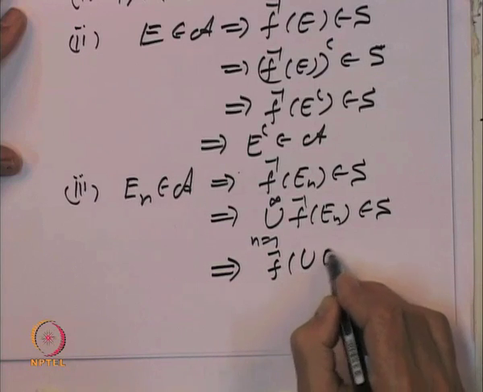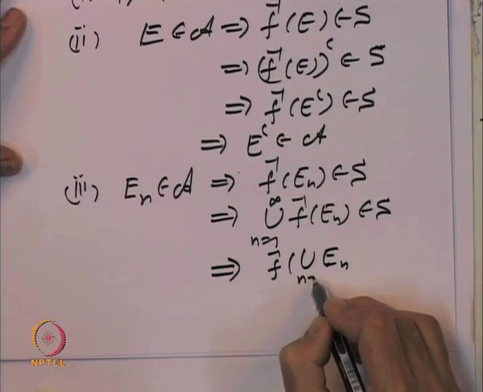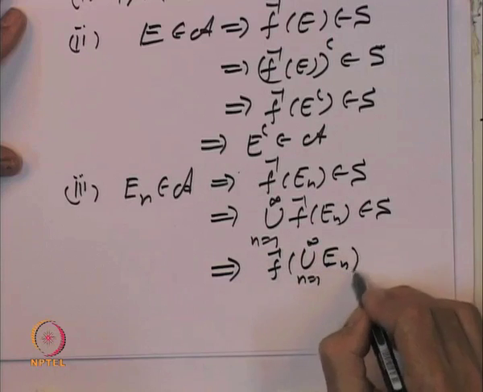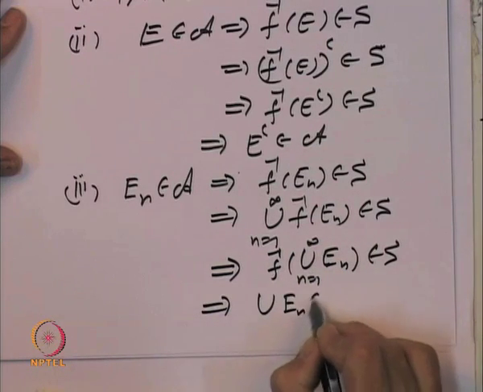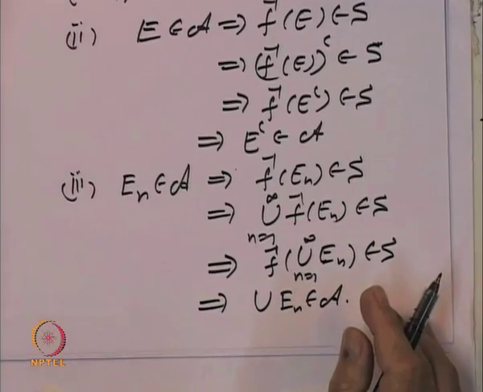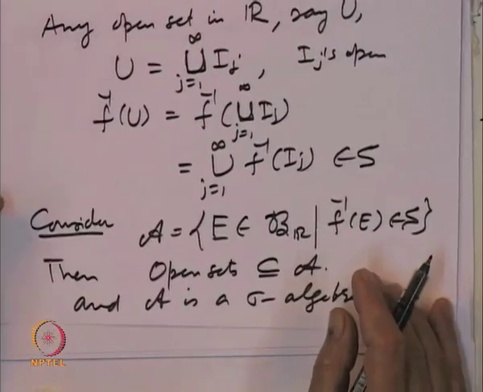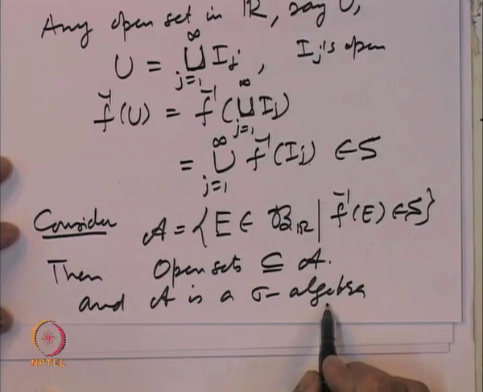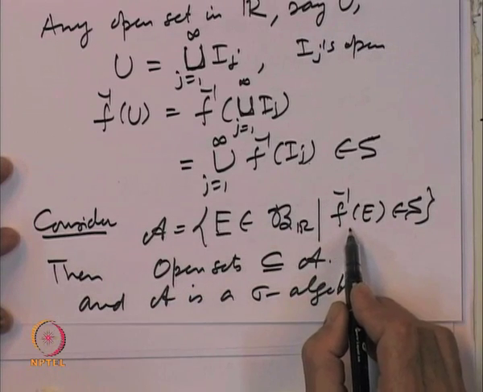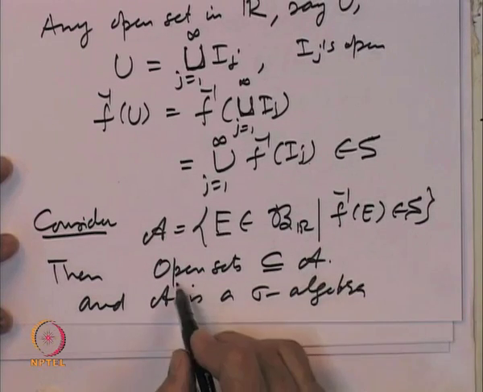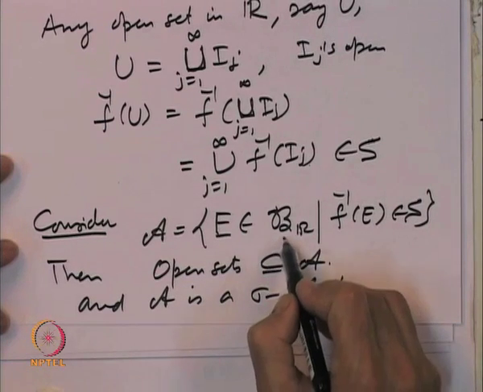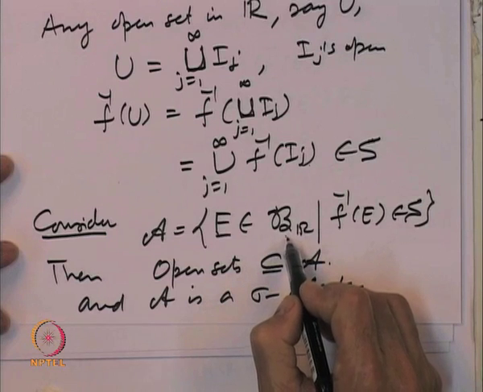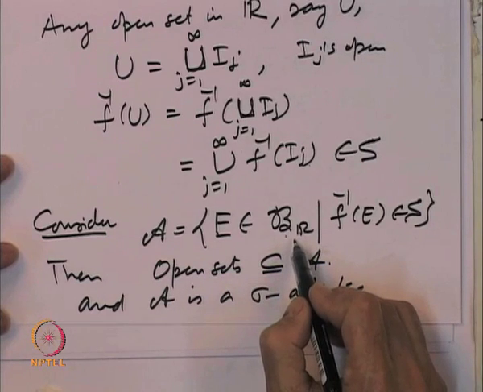So, the union of E n also belongs to S. So, the union of E n's belongs to A. So, we have verified that A is a sigma algebra. So, this is a sigma algebra including open sets. So, it must include the Borel sigma algebra, but it is already a subclass of Borel sets. So, A is equal to the class of Borel sets.